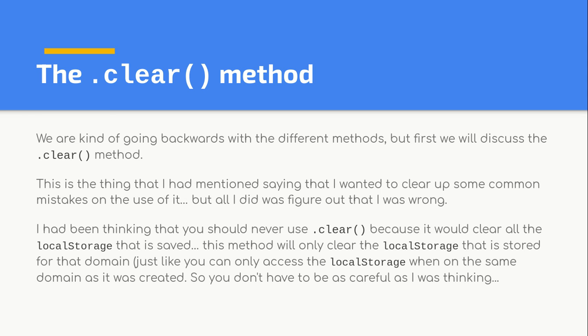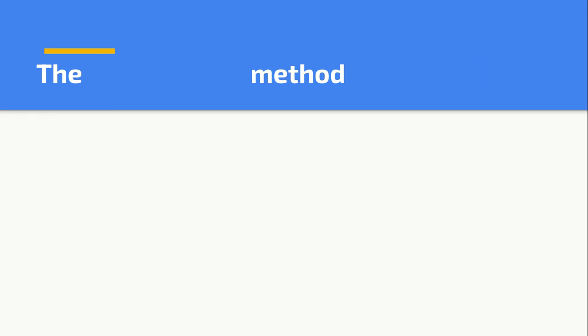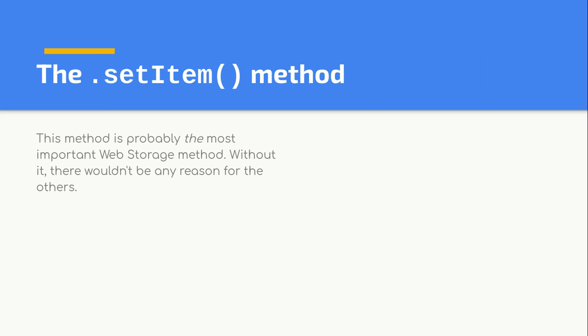When you store things with local storage and session storage, it does it by URL and stuff, and so the .clear only clears it for that domain. And so the setItem method, it's the most important, because if you didn't have this one, the other ones wouldn't do anything.